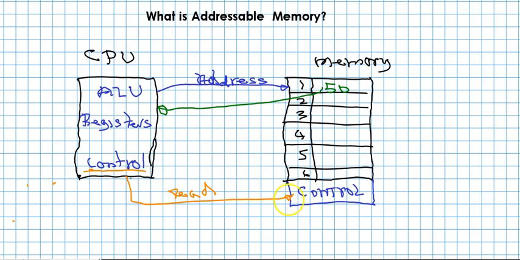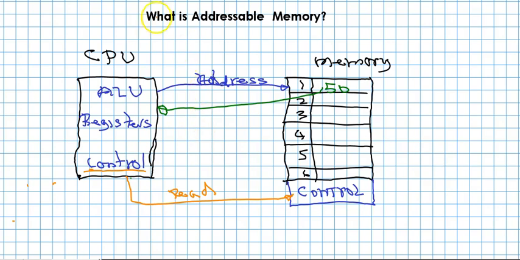It's going to tell the memory that we're going to read the memory location, and so the 50 will then be released back to the CPU.